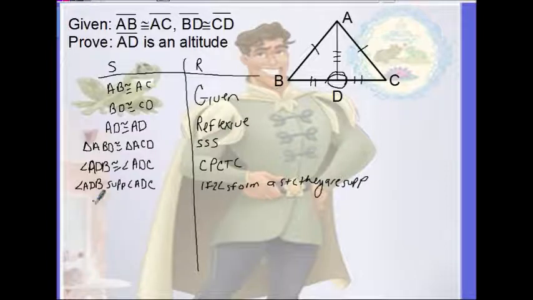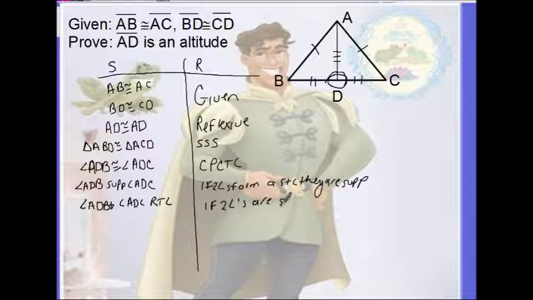Next, let's say angle ADB and angle ADC are right angles. If two angles are supplementary and congruent, they are right. Let's go ahead and put our right angle tick marks in there.